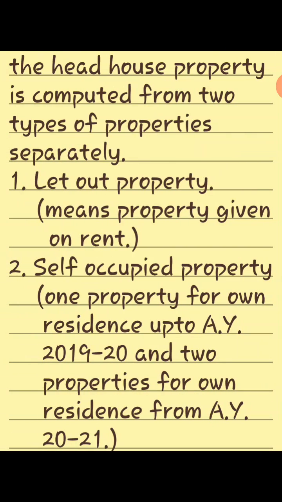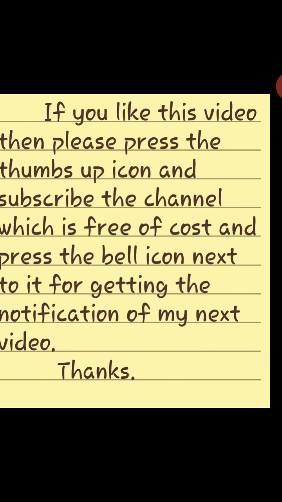The income under the head house property is computed from two types of properties separately. One, let out property, that means the property given on rent, and second, self-occupied property, that is one property for own residence up to assessment year 2019-20 and two properties for own residence from assessment year 2020-21. This will be illustrated in the next videos.